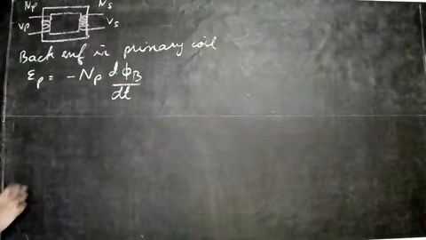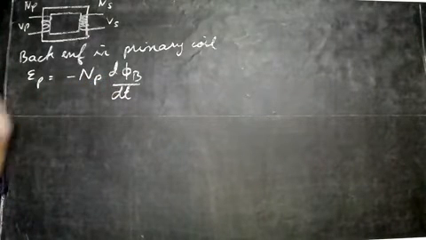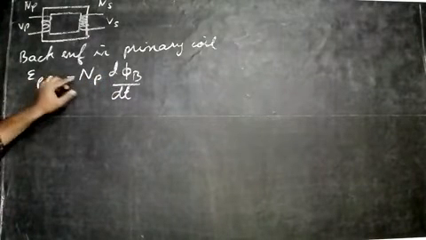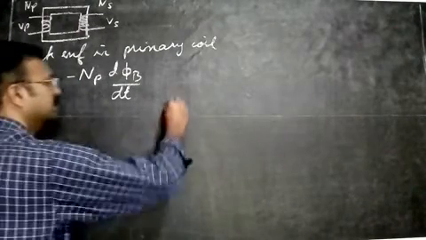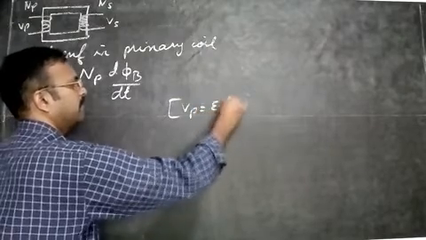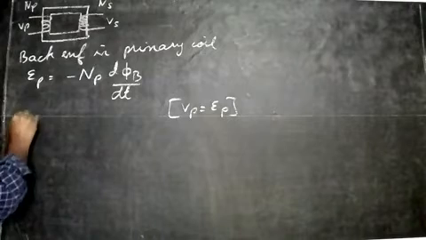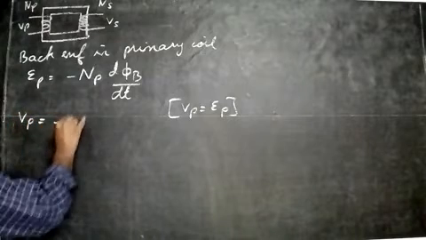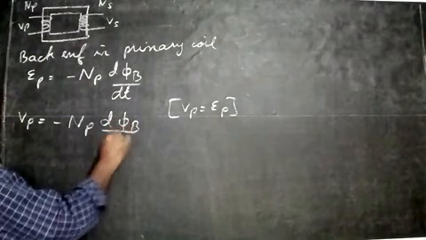The N comes from taking out the number of turns, and the minus sign is due to Lenz's law. This back EMF is equal to the voltage that we give. So the voltage in the primary equals minus NP into d phi b by dt.